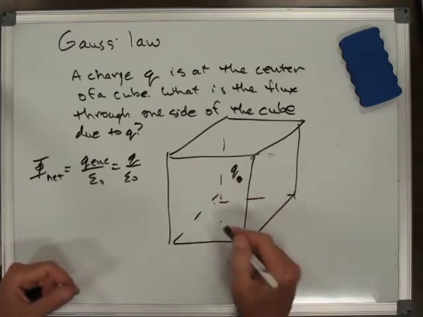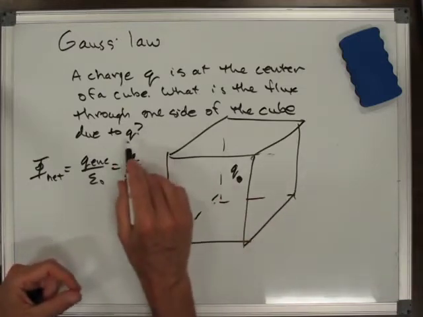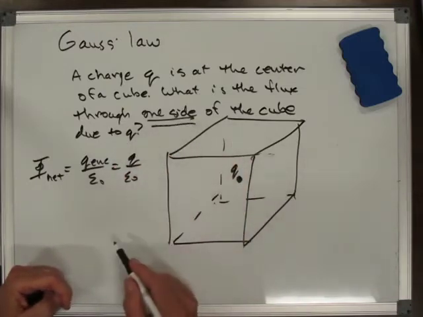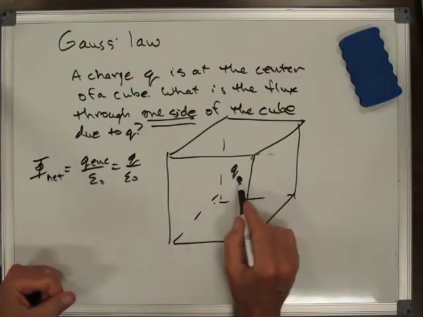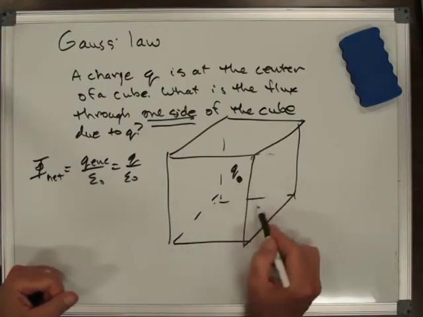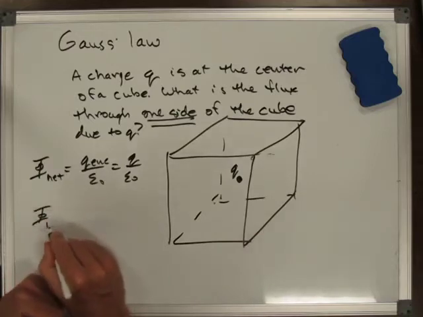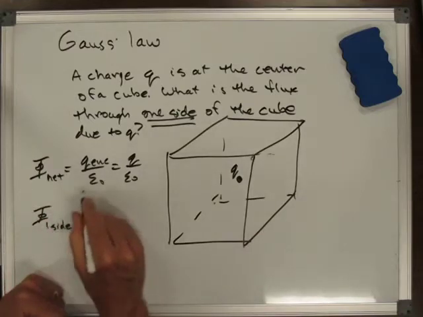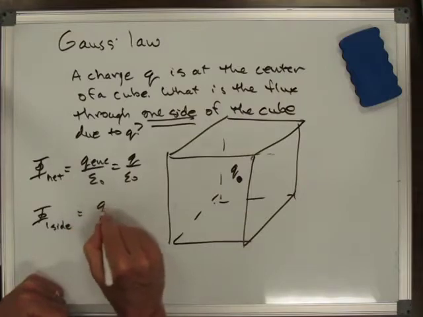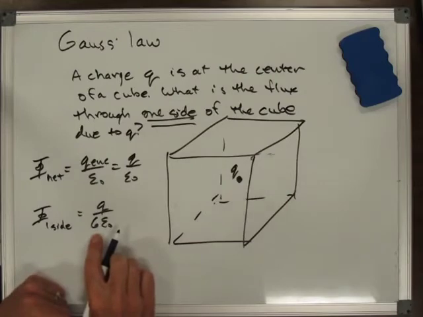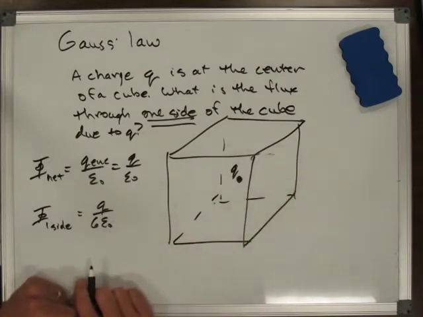But this is a cube, and we don't just know the flux through one side. Well, since the charge is in the center, the flux through each side is the same, and so phi through one side, again, due to the charge, is Q over 6 epsilon naught, because the flux is divided evenly among the 6 sides of the cube.